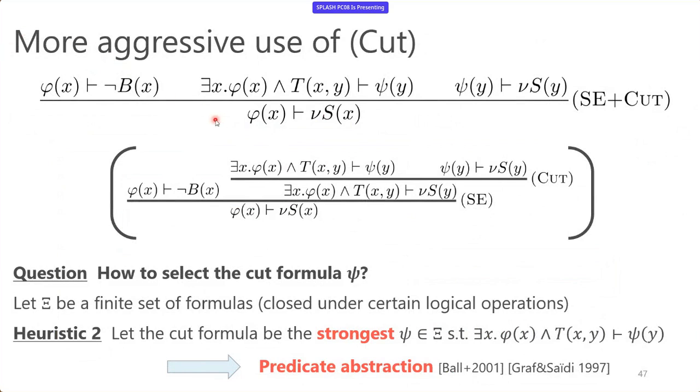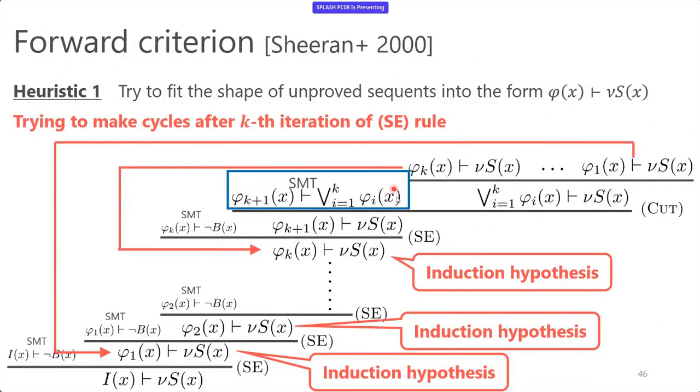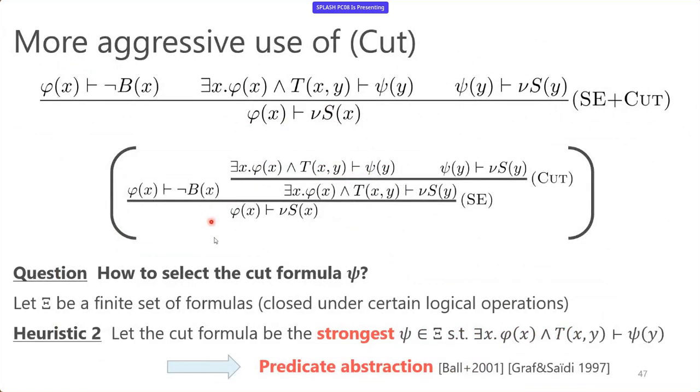So we introduce a new rule that combines SE with cut, like this. For the previous example, we used this disjunction as a cut formula, but we can use a different cut formula instead.